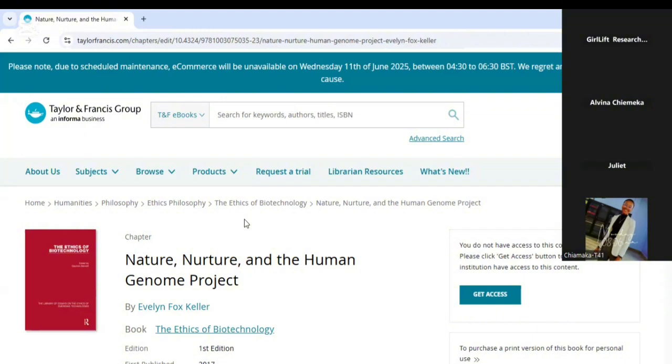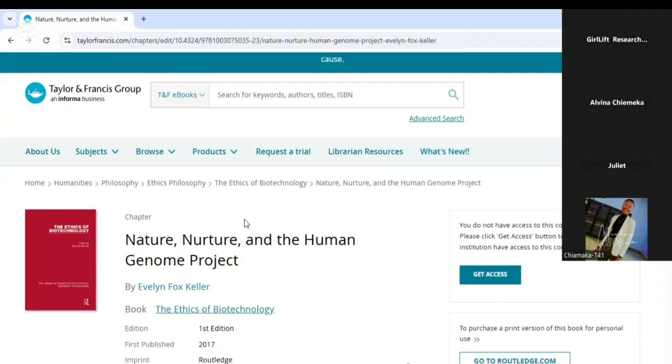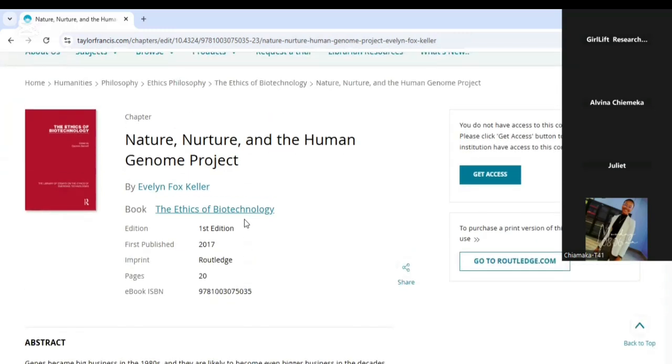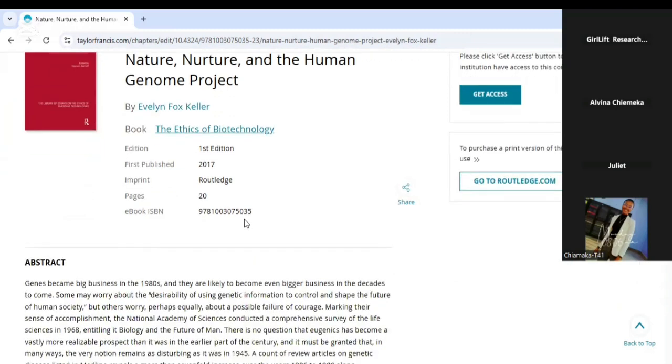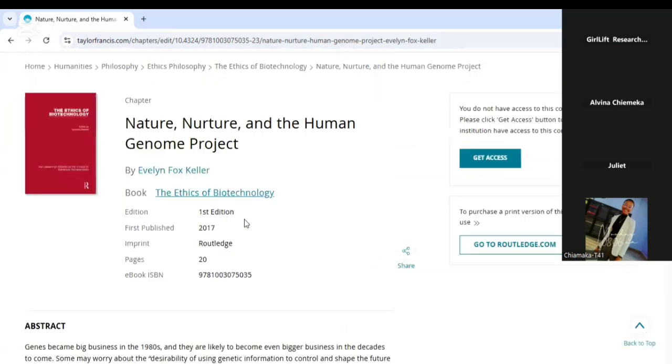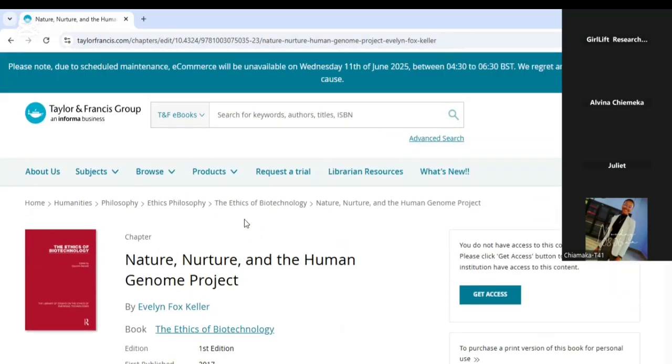So back to this. Once you click on it, it's going to show you a lot of things. This is the title of the book, this is actually a book, right? So this is the title of the book, the publisher and all of that, abstracts, chapters. I don't want us to go into it because I want us to use an article.